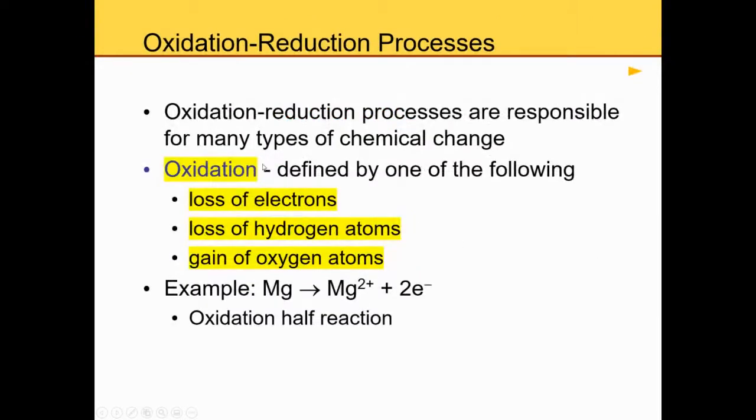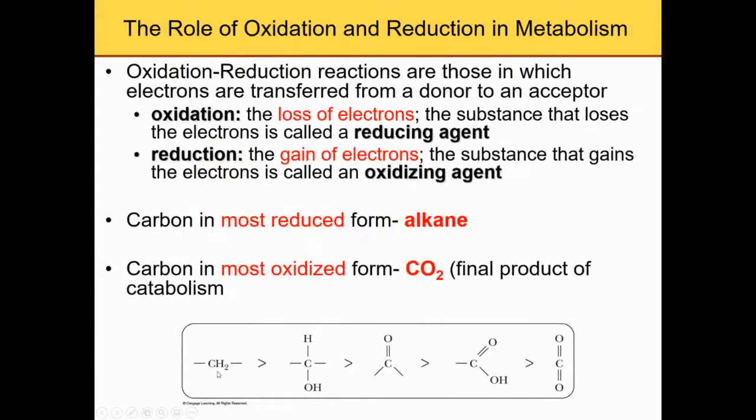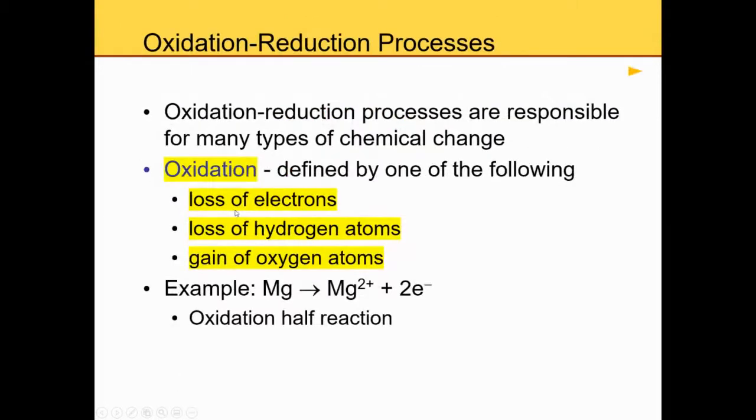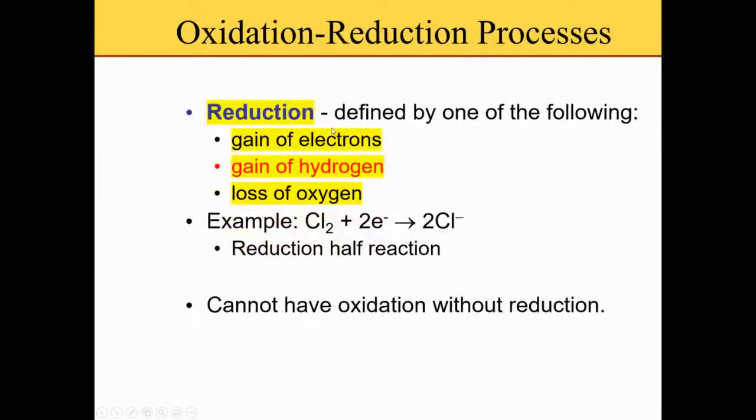So oxidation, basically, loss of electron, that's oxidation, loss of hydrogen atom, gain of an oxygen atom, all right? So loss of the electron, loss of the hydrogen, and gain the oxygen, all right? So they are oxidized, and, right, loss of electron, loss of hydrogen, gain oxygen atom. Reduction, gain electron, gain hydrogen, and loss of oxygen.